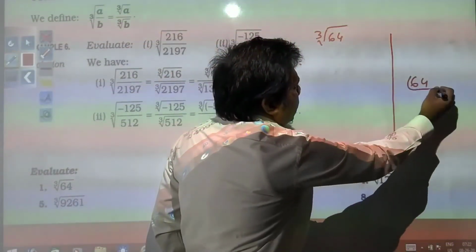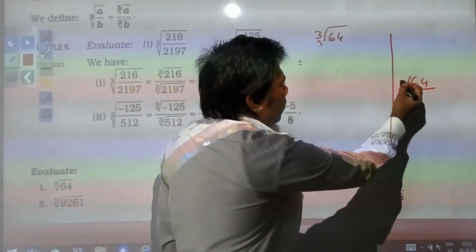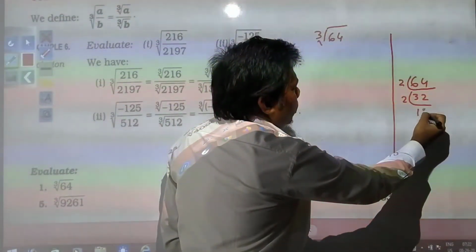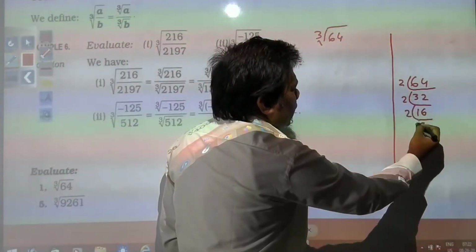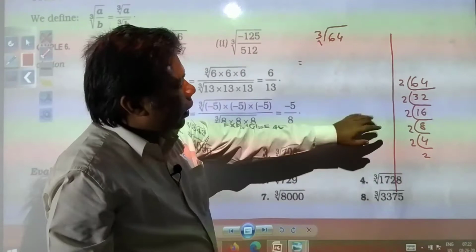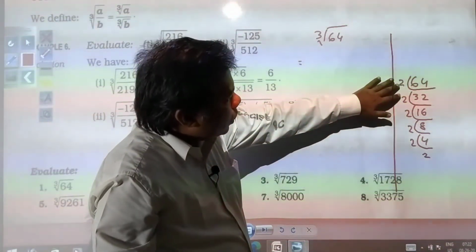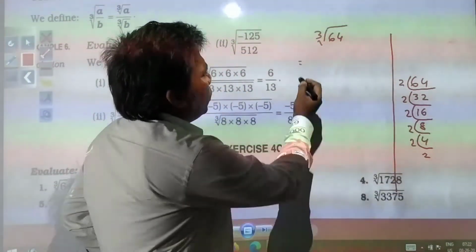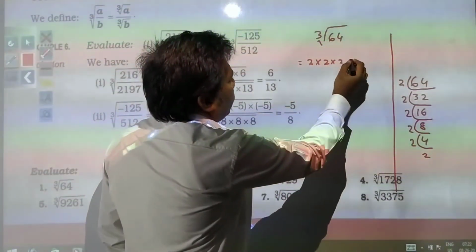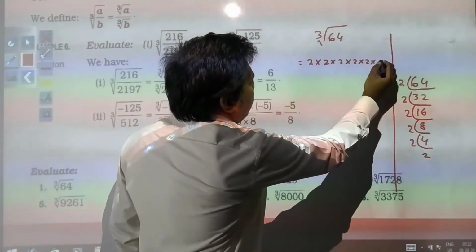Just divide: 2 3s are 6, 2 2s are 4, 2 1s are 2, 2 6s are 12, 2 8s are 16, 2 4s are 8 and 2 2s are 4. So you have 6 twos. It can be written as 2 into 2 into 2 into 2 into 2 into 2.